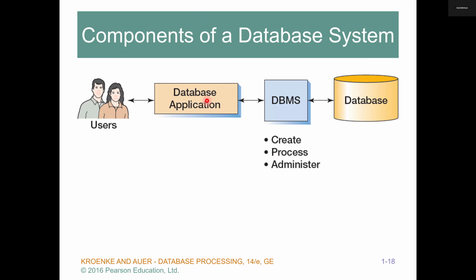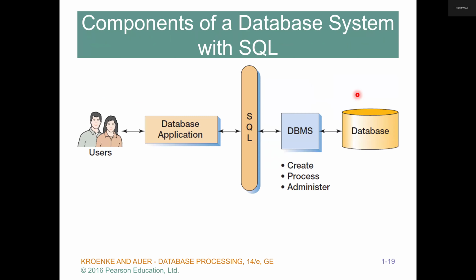I'm just giving an example. The interface can be the database application. Then the DBMS. A DBMS is the database management system itself, which is connected to the database. This component actually works with the MS Access database system. This is the kind of architecture or components within it.